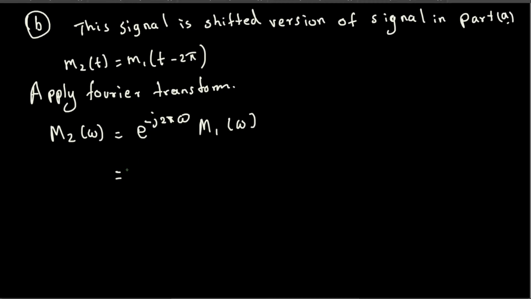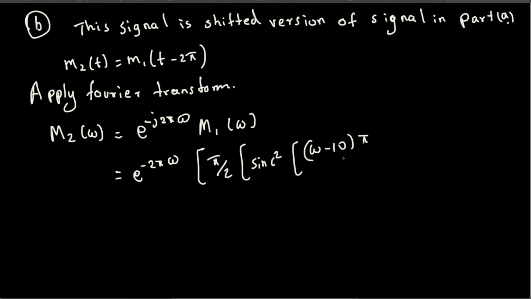So the answer here is e power minus j2 omega multiplied by 5/2 times sin square of omega minus 10 divided by 2, plus sin square of omega plus 10 divided by 2, and 5 divided by 2.